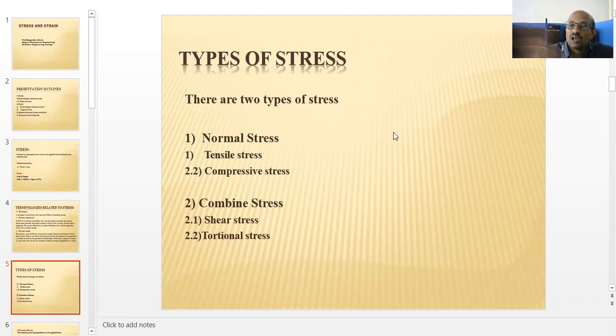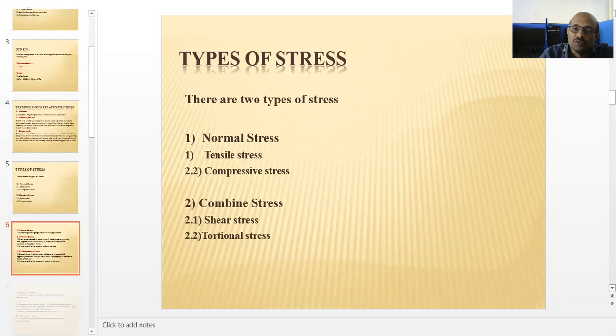We are not going to speak about those types here. The main category is first the normal stress, which we divide into tensile stress and compressive stress. In combined stress, there will be shear stress and torsional stress.